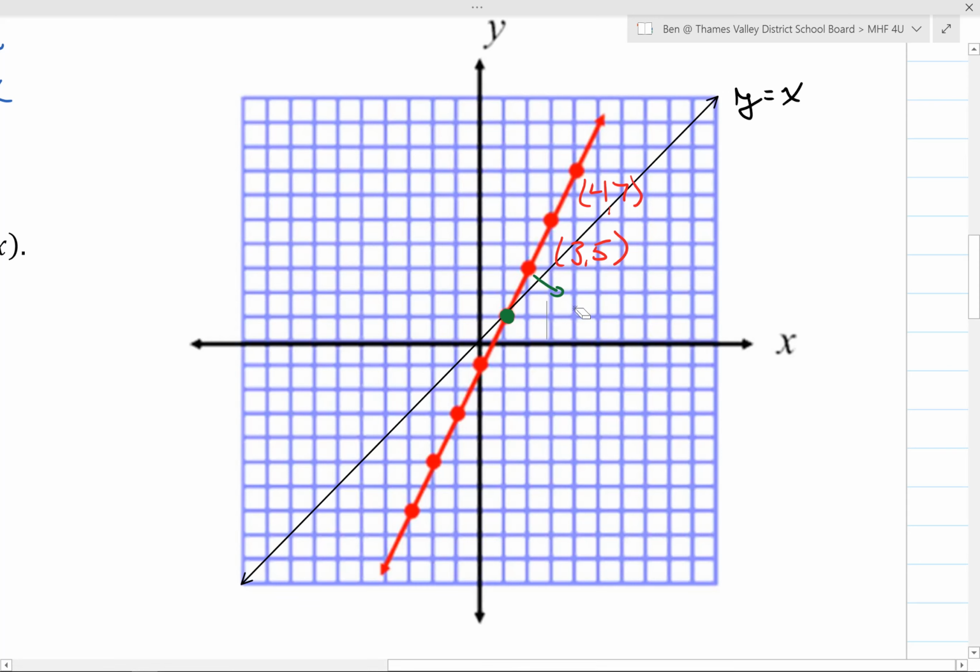So here I can bring this over, reflecting over the line y equals x. Again, we're going to bring this over the same distance away from the line, just straight across on the other side. Now, if our function crosses the line, that means our inverse function must also cross the line y equals x.